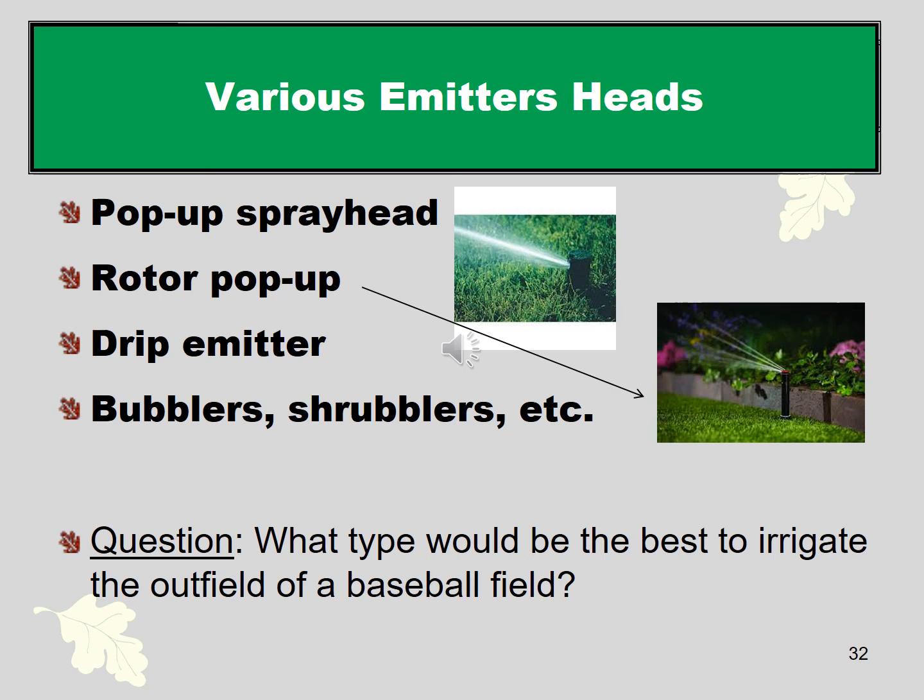They can cover a big area, and of the 2 listed here, pop-up spray heads and pop-up rotors, the rotors are by far the most water conserving and have wide reach. And you can step on them too, because when they're done, they go back down. They pop up when they're filled with water and the pressure makes them go up, and when the valve turns off, they go back down and they're not a hazard.